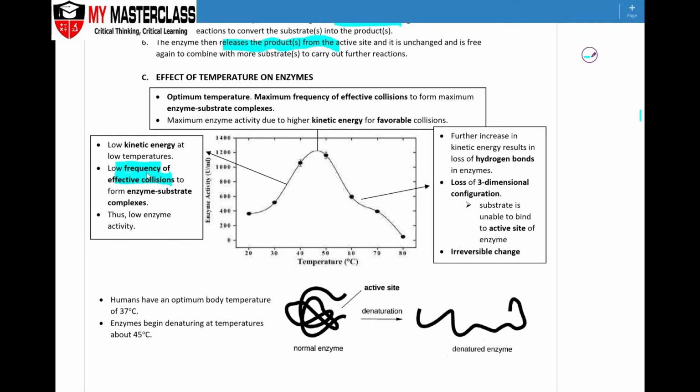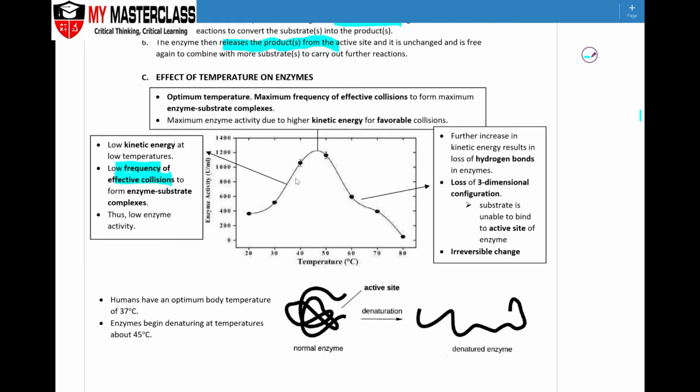When heat is applied, or when it is left out at room temperature as compared to taking it out from the fridge, these particles gain energy. When they gain energy, they will increase in their effective collisions.